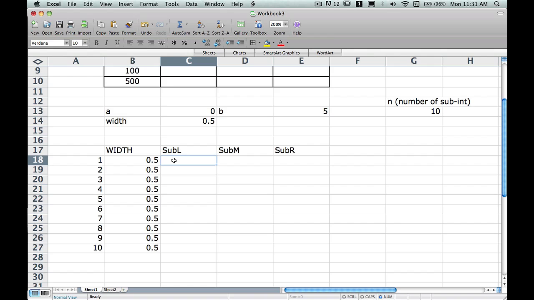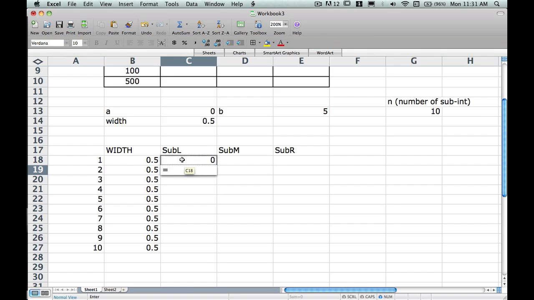Now the left side of the first subinterval is going to equal A. It's going to equal this number A. It'll be 0 for us. And after that, we're going to move over by the width of the rectangle. So for that one, I'm going to put 0.